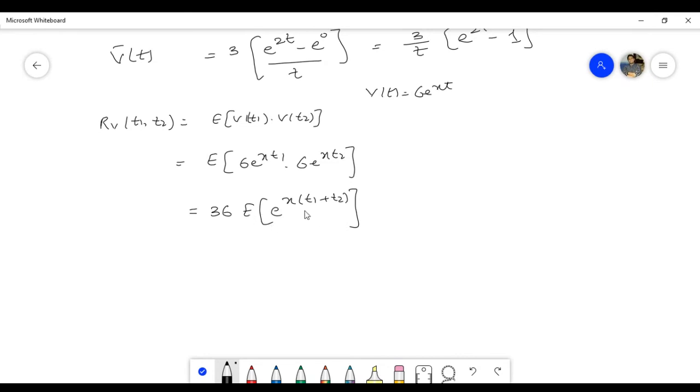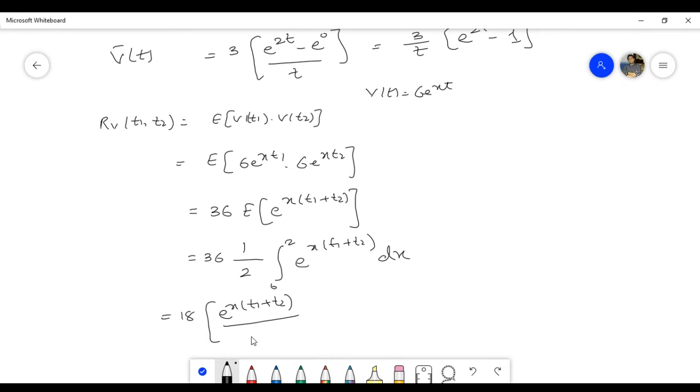Okay, so now when we remove the expectation here, it will be 1 over upper limit minus lower limit, integral from 0 to 2 of e^(x(t1 plus t2)) dx. So when we solve the integration here, it will be 18 e^(x(t1 plus t2)) by (t1 plus t2) from 0 to 2.